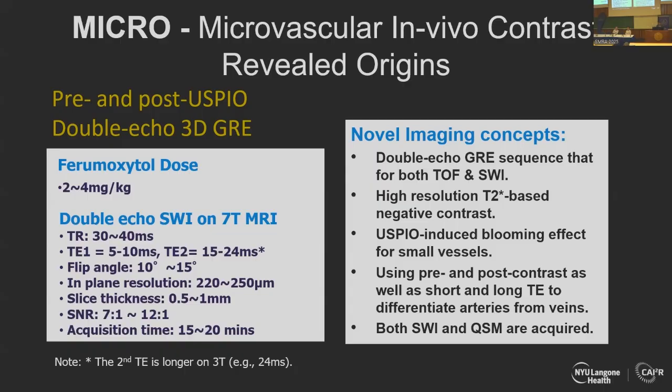When we get the pre and post contrast gradient echo images, we can differentiate the arteries from veins. I can also talk about that later. The sequence includes both quantitative SWI and quantitative QSM.